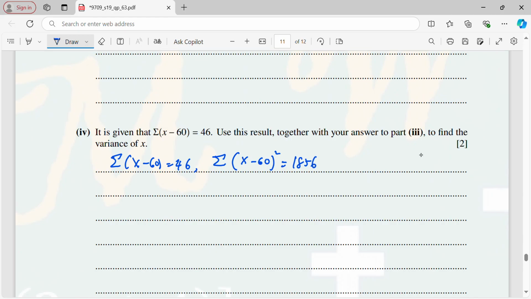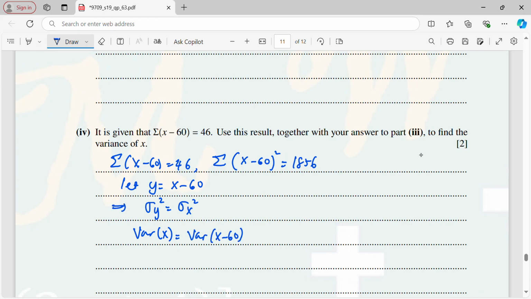Okay, basically, when you refer to the coding method, let y equal x minus 60. Variance of y is basically the variance of x. So from here, I will say that variance of x is the same as variance of x minus 60.